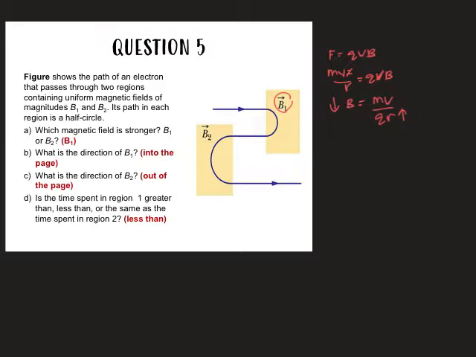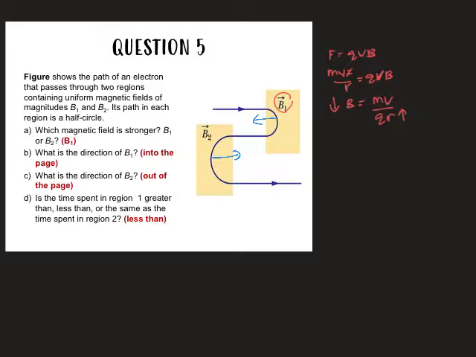So question B. Based on our understanding, if the charge is moving in circular motion, it means that the force is always toward the center. So we can see that the force here is toward the center, and this one also toward the center. You can use the second right hand rule to find the directions of B1 and B2.